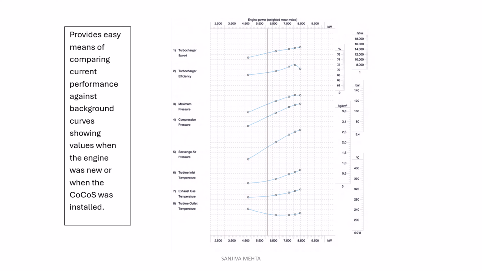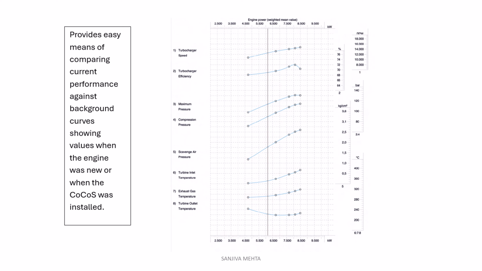This top is the engine power, turbocharger efficiency, maximum pressure Pmax with respect to engine load, the compression pressure, scavenge pressure with respect to engine load. You can take different scales of course for the respective graph.